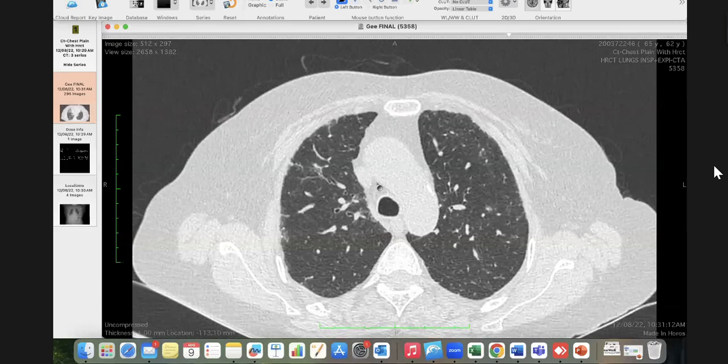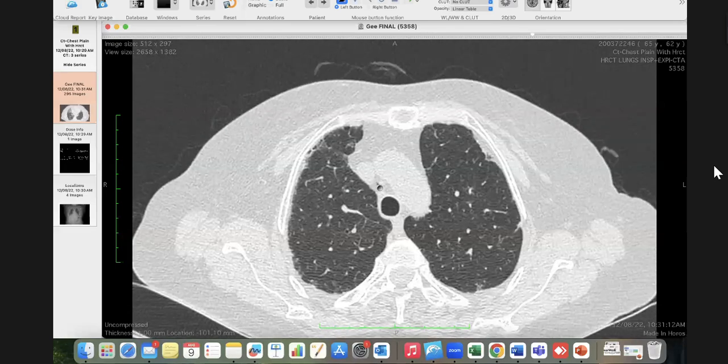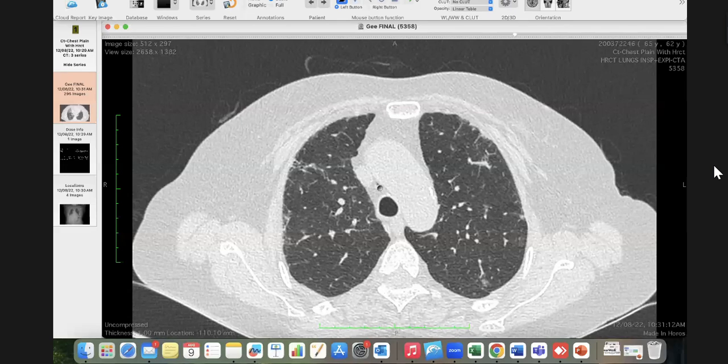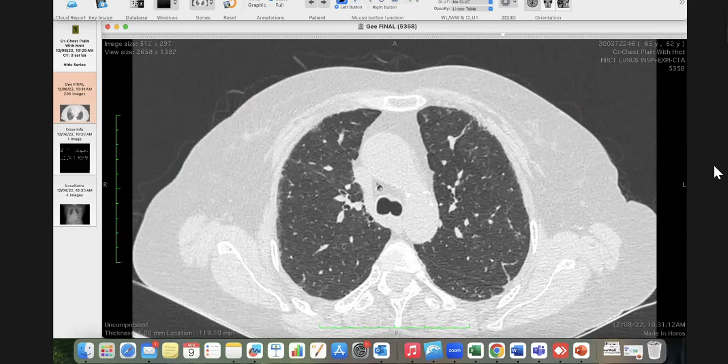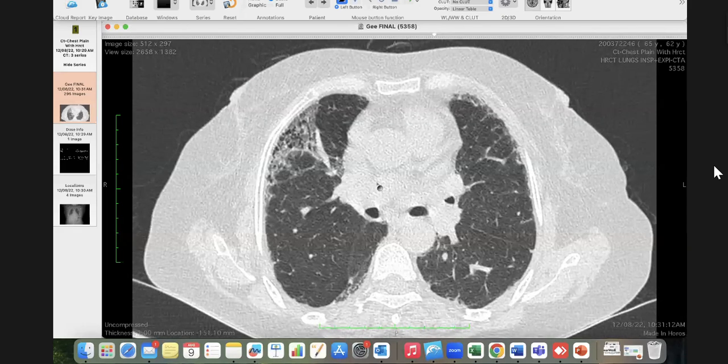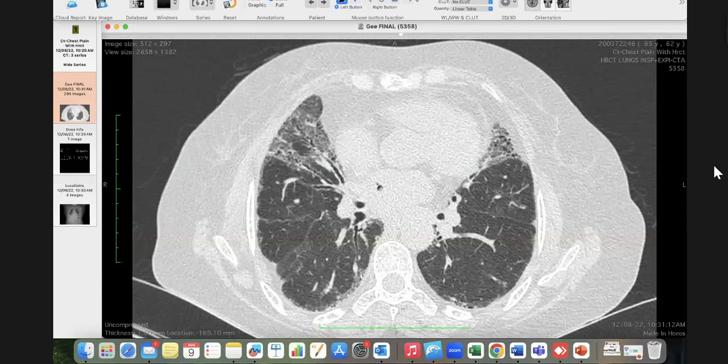At this stage, because there is honeycombing, there is only one diagnosis, UIP, and the ground glass opacities can be explained by an episode of acute exacerbation or a superimposed infection. So don't make the mistake that if you see honeycombing and you see ground glass opacities, then it is not UIP. It is not like that.